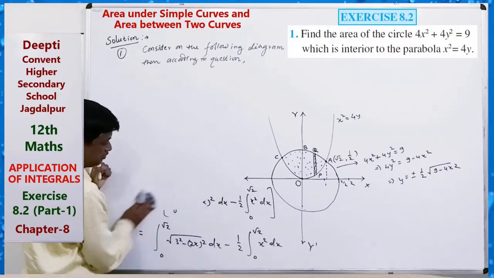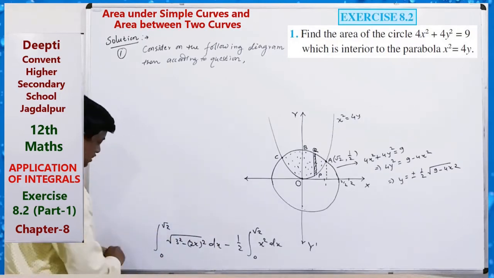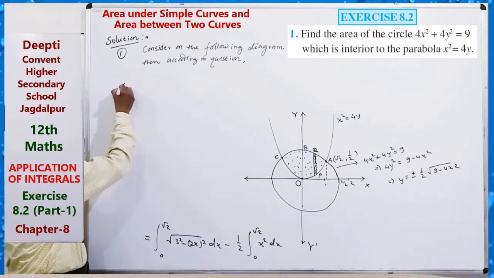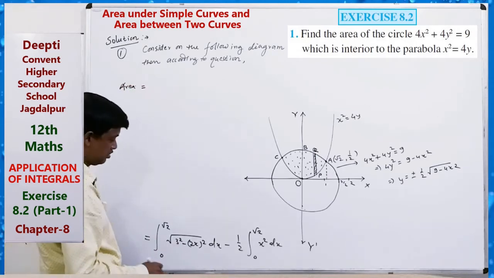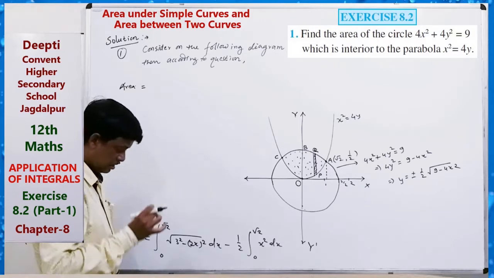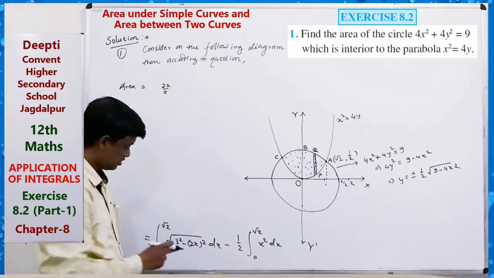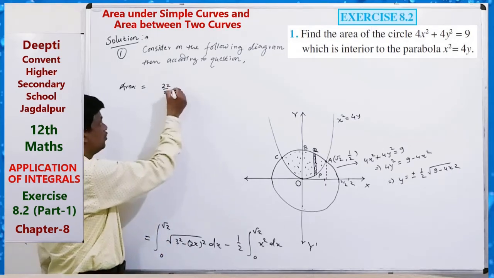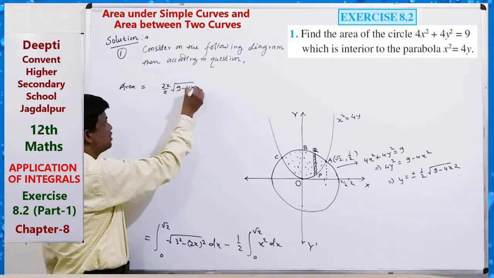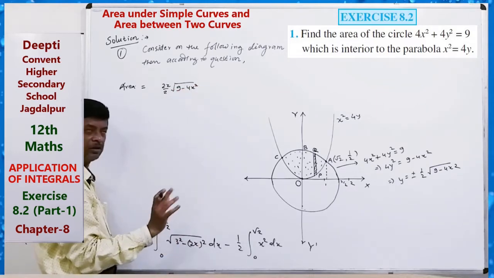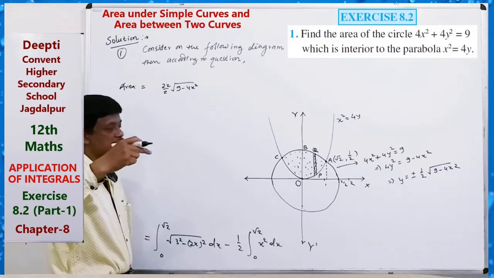Clear? So this is the area. So area equals to, use the formula, what? X by 2, that is 2x by 2, in place of x, 2x by 2, root over this 9 minus 4x square. Total is x by 2 root a square minus x square plus a square by 2 sin inverse x by a.